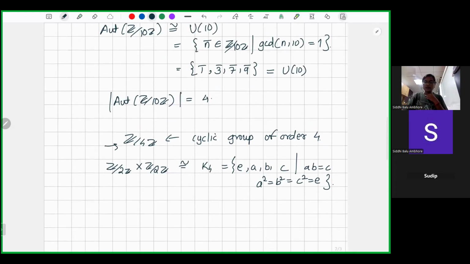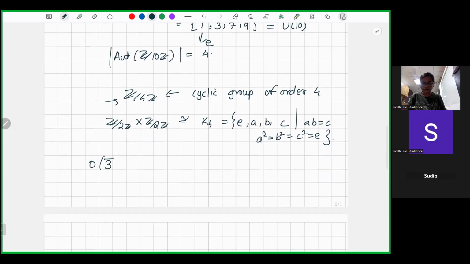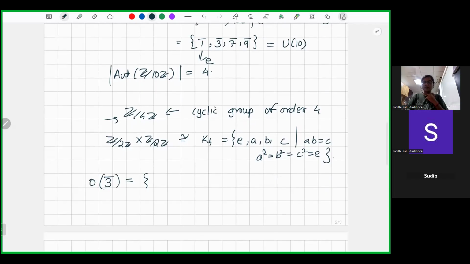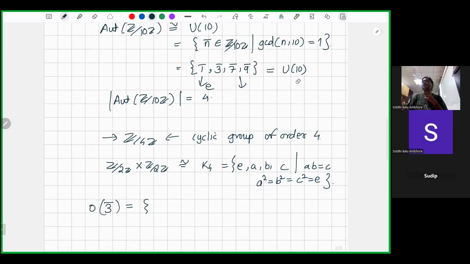So this is the identity. Let us check what is the order of 3 bar here. The order of every element in K4 is either 2 or 1. So if I find any element which has order greater than 2, I can declare that it is isomorphic to Z4, because if it were isomorphic to Z2 cross Z2, then the order of every element in U10 would be 2.